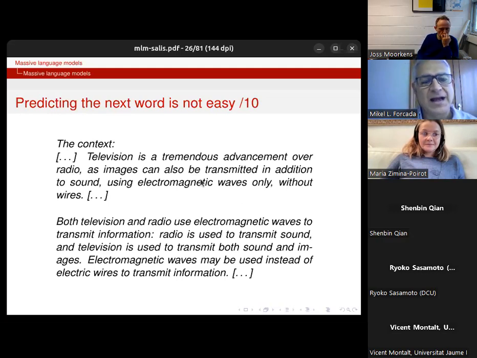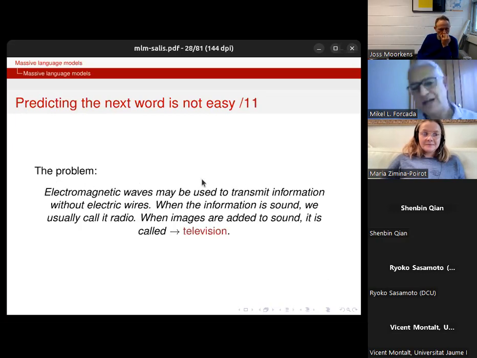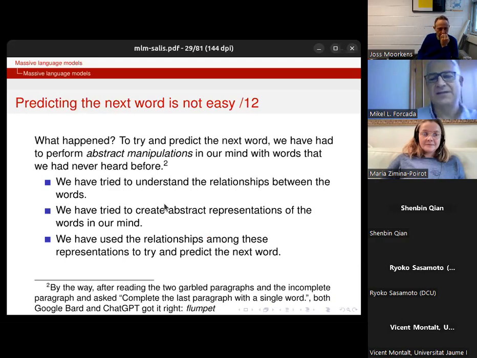But if you succeeded in thinking that probably the answer was, as here, television, or flumpet in the language that I invented, you did some abstract manipulations in your mind with words that you had never heard before.